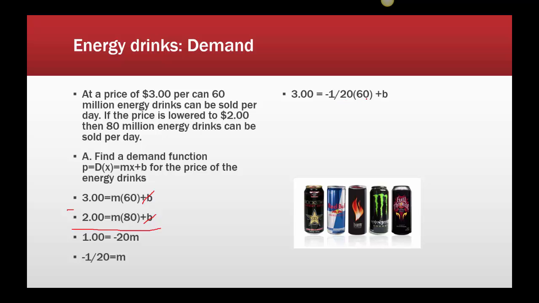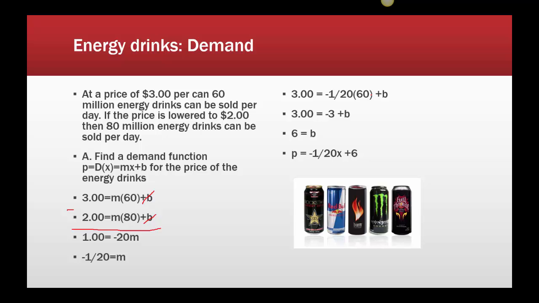My X there was 60 plus B. So 20 goes into 60 3 times. I have 3 equals negative 3 plus B. So I shift that negative 3 over to the left. It becomes positive. So now I have B is 6. So here's my demand function, demand equation, if you want to say it either way. P equals negative 1 over 20x plus 6.